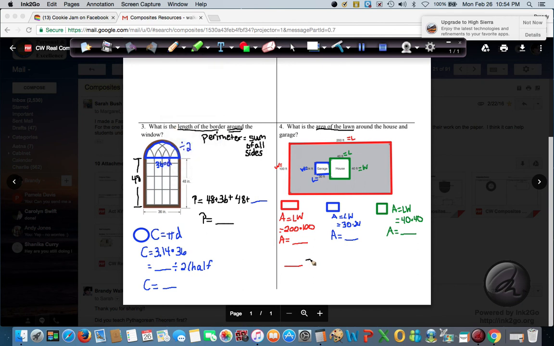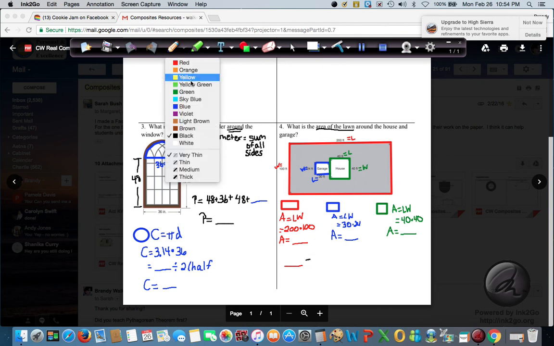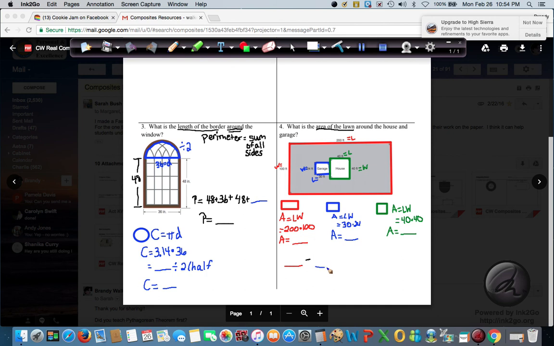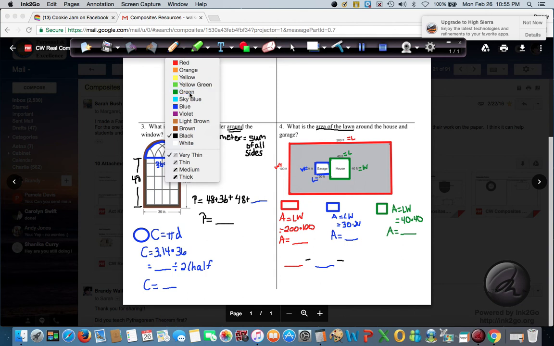So we're going to take away our garage. That's a little crooked, but that's okay. And we're going to take away our house. And then you're going to find your total area.